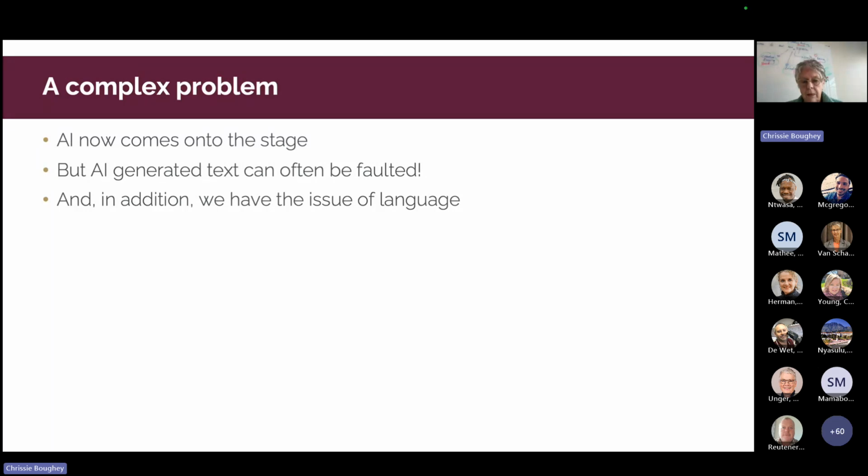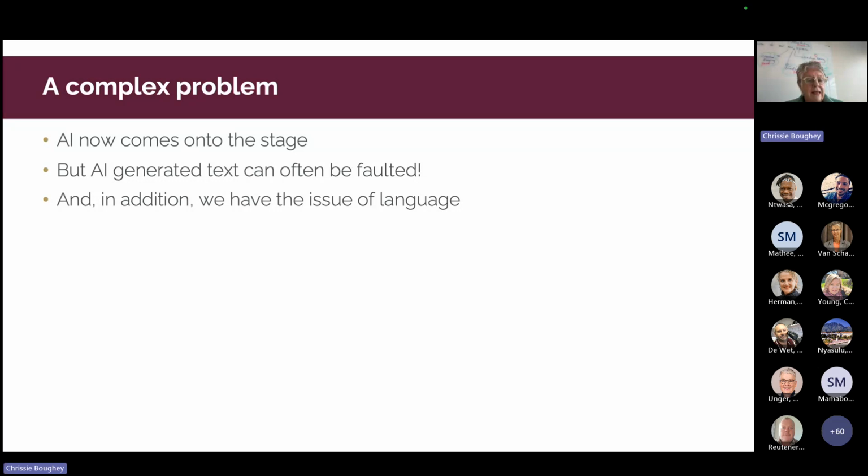I'd say that's the primary problem, but the language is associated with that. So we've got that complex problem, and now AI comes onto the stage. And of course, AI is very attractive, isn't it?